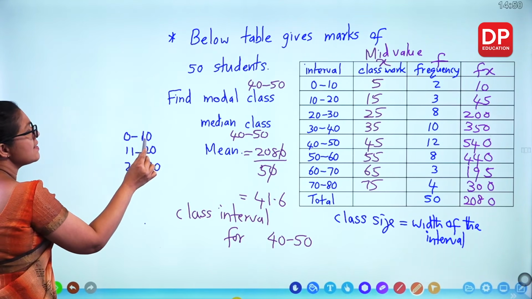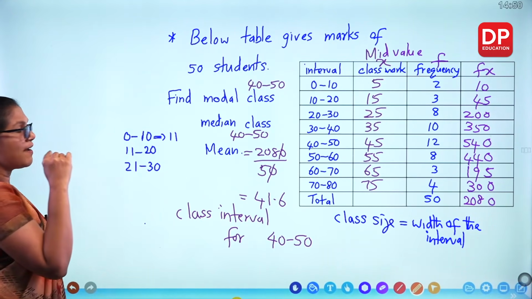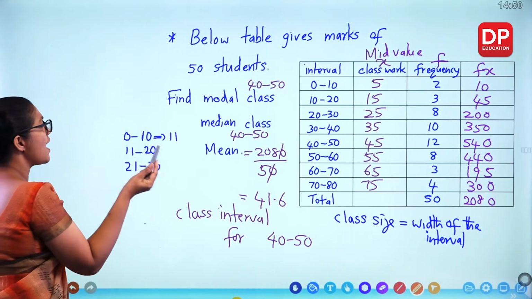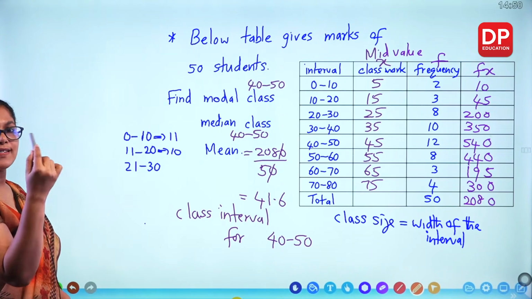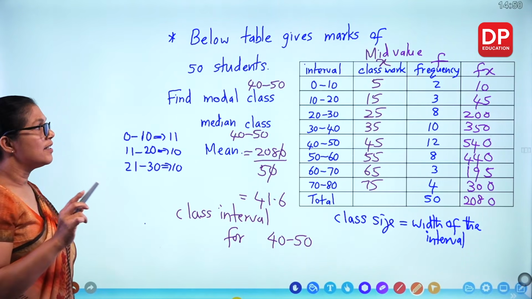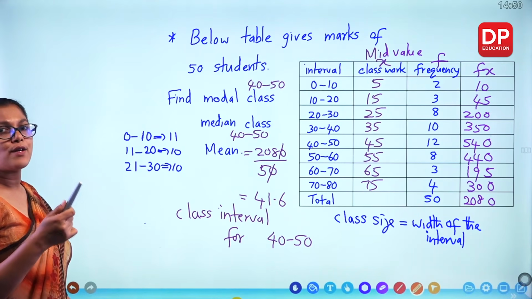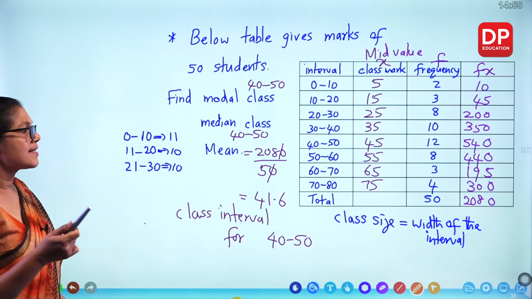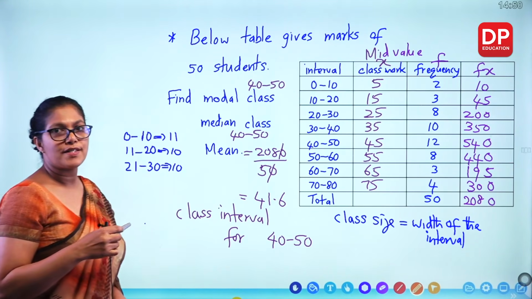This size is 11. 20 minus 11 is 9. 9 plus 1, 10. 30 minus 21 is 9. 9 plus 1, 10. So make sure when you get limits, you subtract and add 1 to get the class size. If you have boundaries, just take the difference.